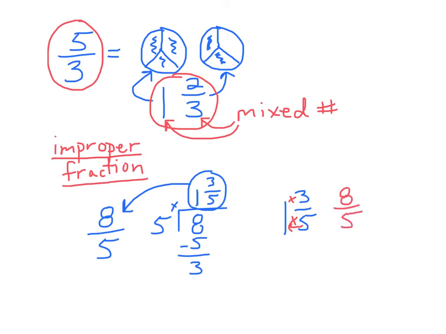I get 8/5. Another reason this works, if I have 1 and 3/5, is because the 1 is exactly the same thing as 5/5. And I chose 5/5 just so I kept the same denominator. And then 5/5 plus the 3/5 gives me 8/5.